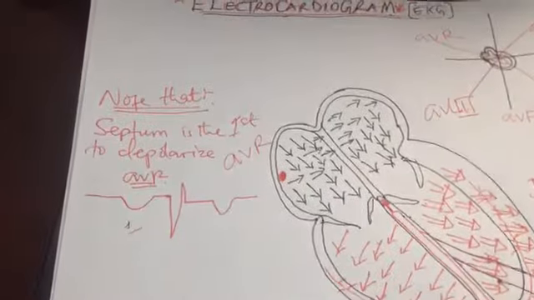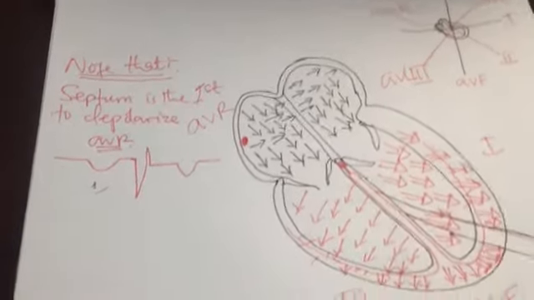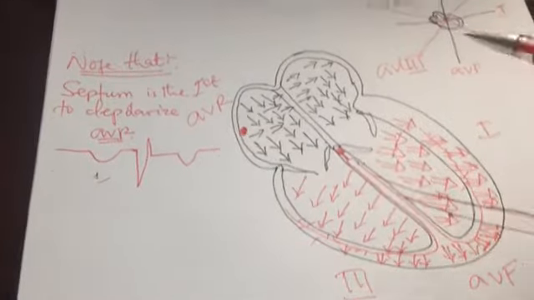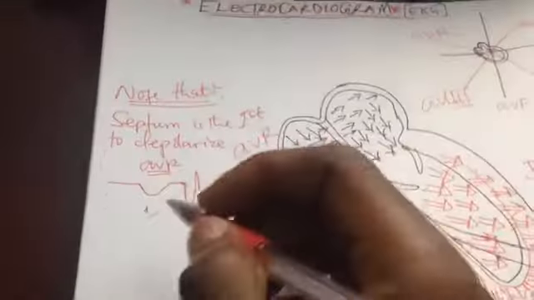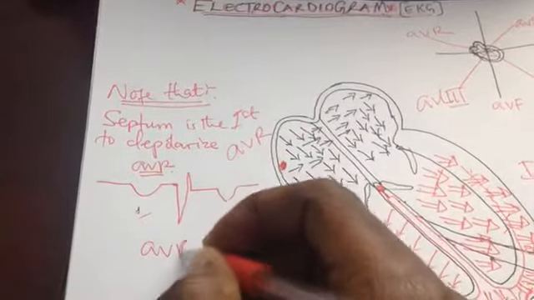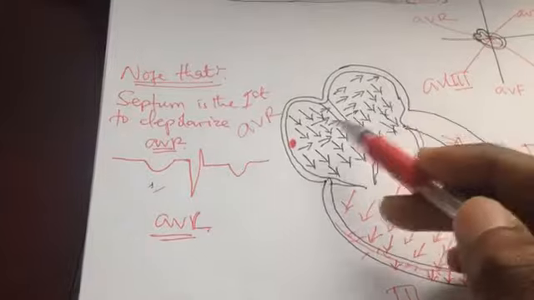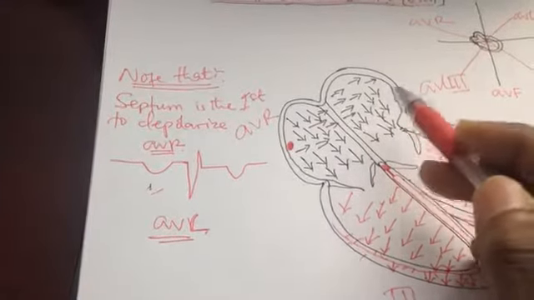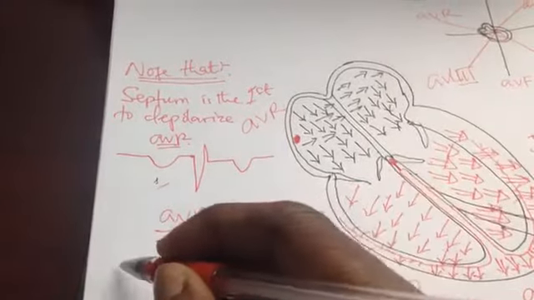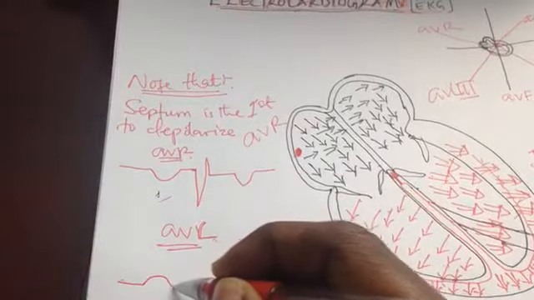So how about lead 2? Or let us take the AVL first. For the AVL, there are some impulses that are going toward the AVL, right? So that's why the P wave of AVL is going to be upright.